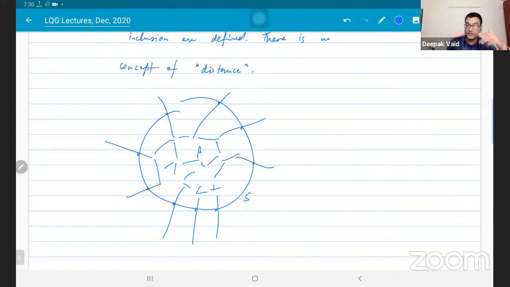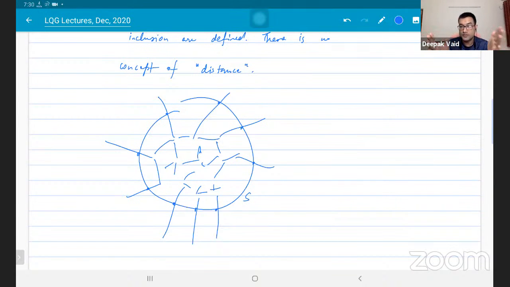So the area of the surface is measured by looking at all of these punctures, right? And in the first approximation, one can assume that the area is simply an additive function of these punctures. That means you don't have to worry about entanglement between these punctures and so on.